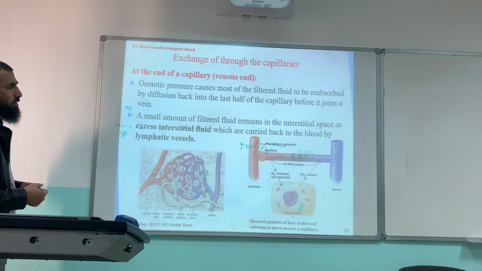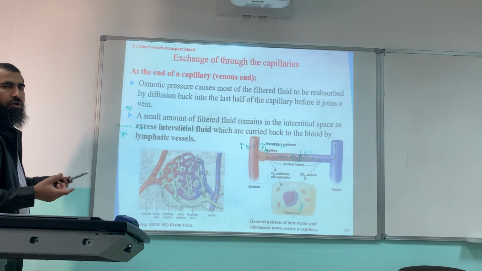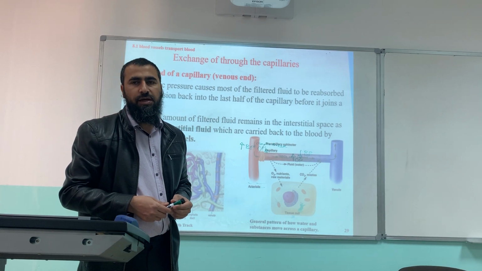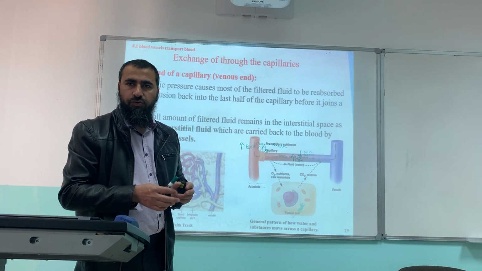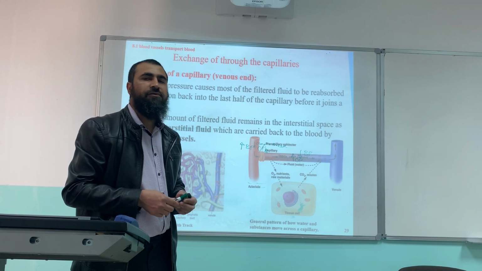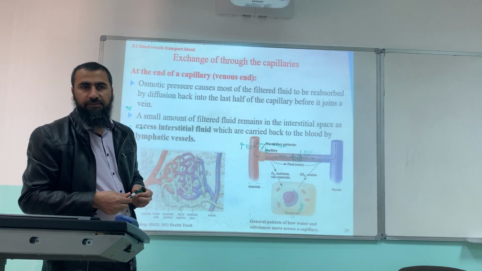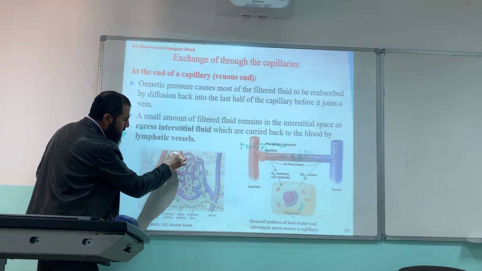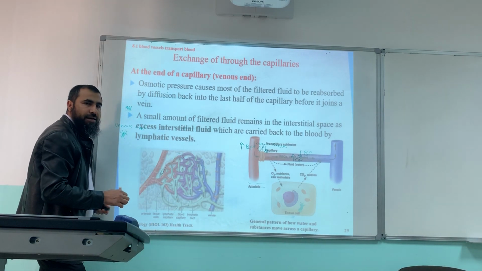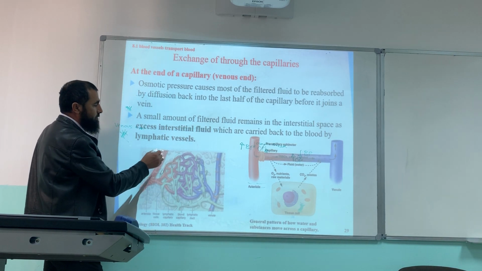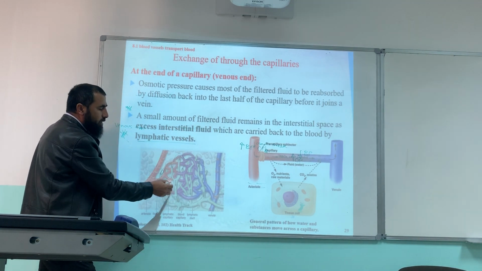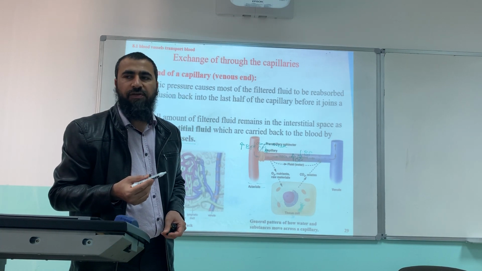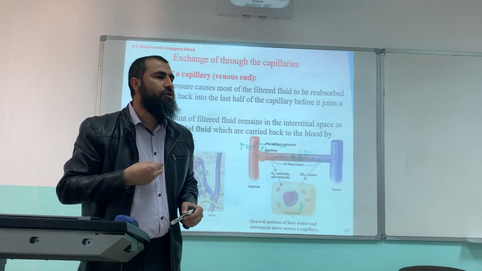Not all of the fluid is returned back. Some of it still remains in the interstitial fluid, and for this we have the lymphatic system. There are the blood capillaries, and then we have the lymphatic vessels. They absorb the excess fluid and return it back into the cardiovascular system, in the same way it returns the lipids.